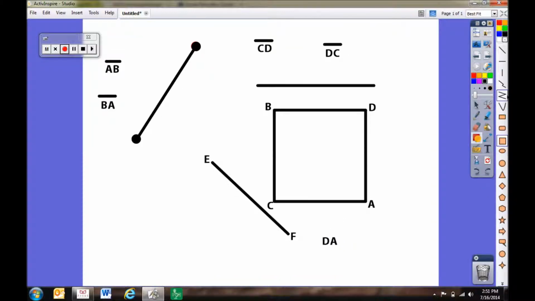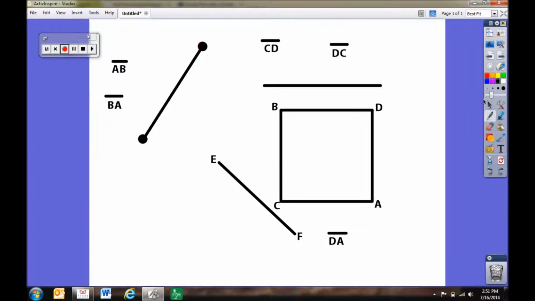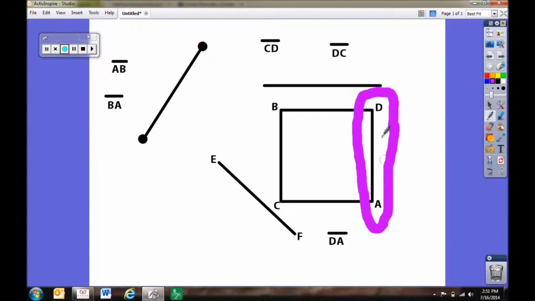Would you be able to pick out which line segment in this shape I'm talking about? There are four of them. If you learned what you needed to learn, you would know right away, Mr. Mitchell, that line segment is right here. Line segment DA, the one from here to here. That line segment. Gonna need it all year.